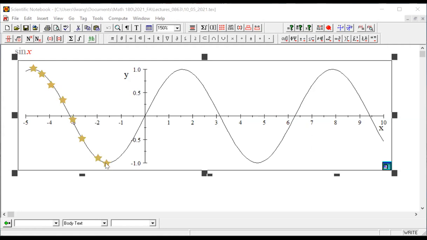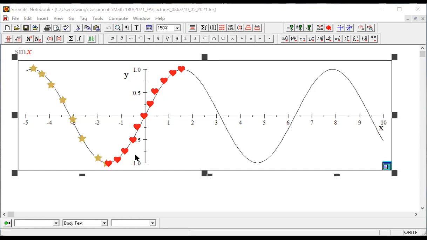This piece is a decreasing function. Therefore, it's one-to-one, so this piece has an inverse. Or another option, I could be taking this piece. This piece is increasing. An increasing function is one-to-one. Therefore, this piece has an inverse.